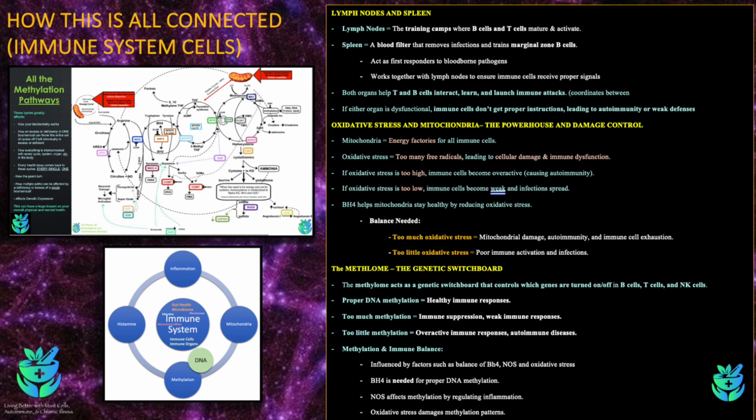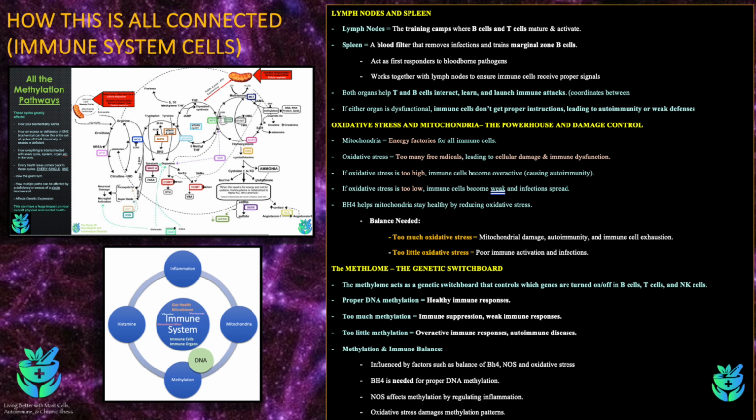It coordinates between them. If either organ is dysfunctional, immune cells don't get proper instruction, leading to autoimmunity or weak defenses. So if you are noticing a lot of pain in your lymph nodes and spleen, please fast and please take this seriously and cut out all your triggers, cut out everything that is harming you.